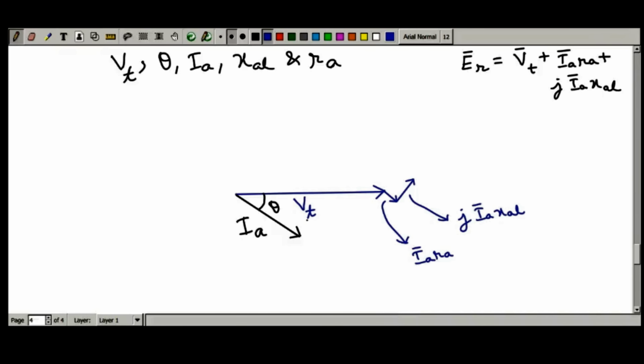Now if we add this, then we should get the air gap voltage Er. So let me write that Er. So this is the air gap voltage Er, air gap voltage.